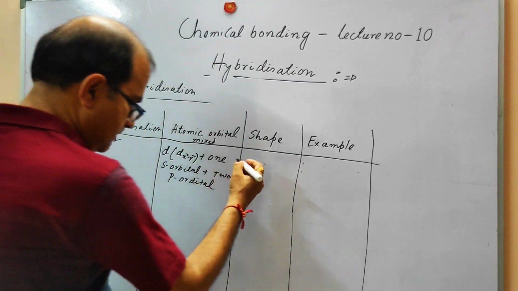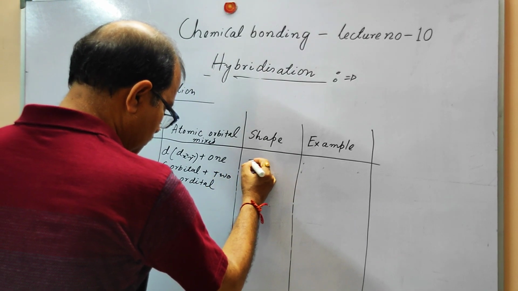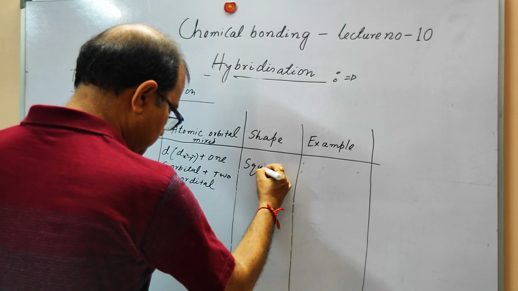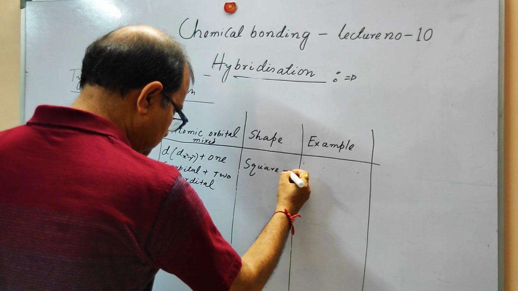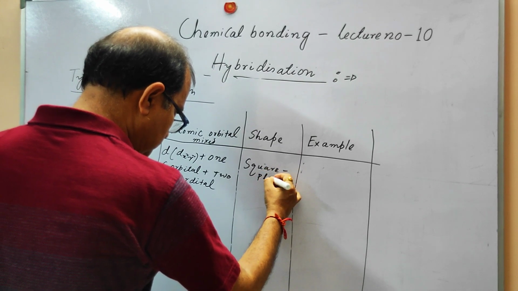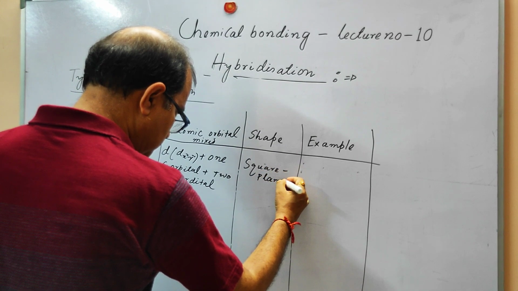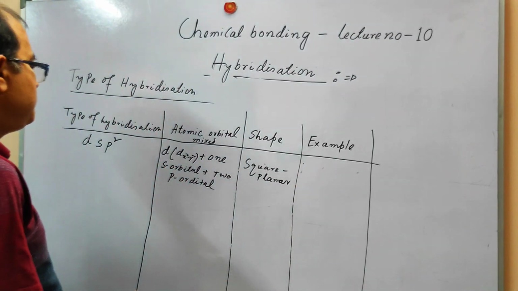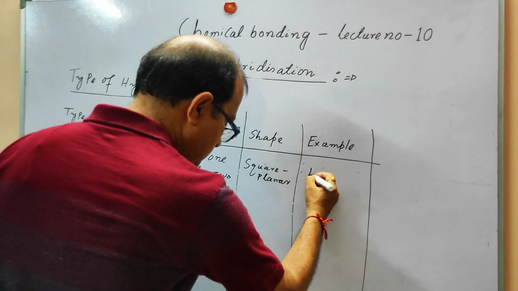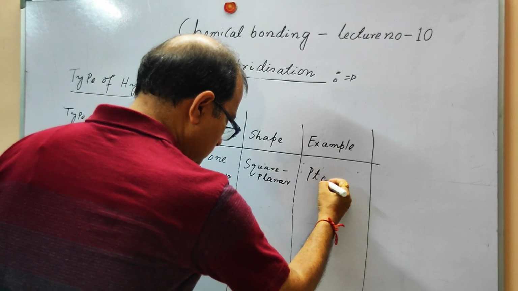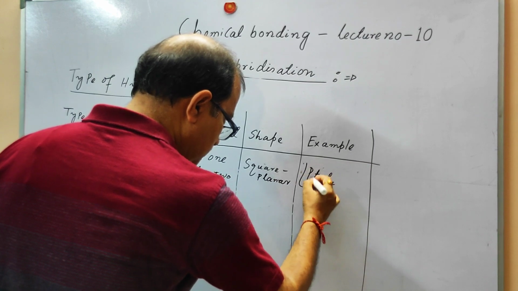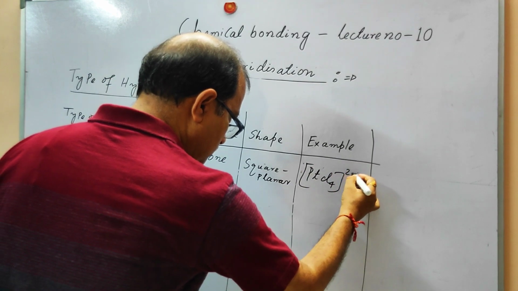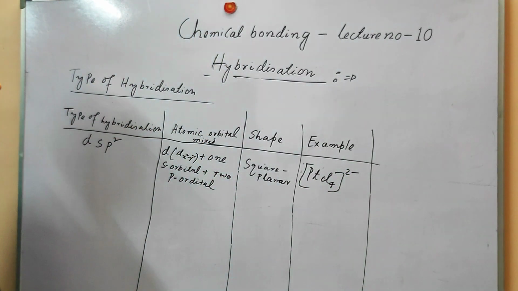In this case, the shape will be square planar. Examples of this are complex molecules.